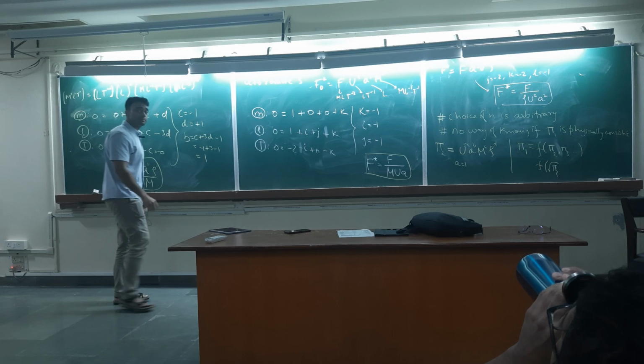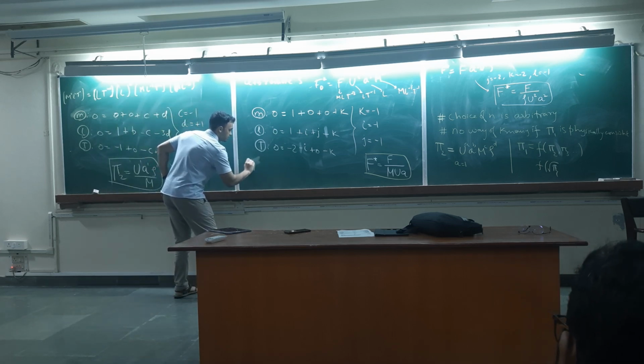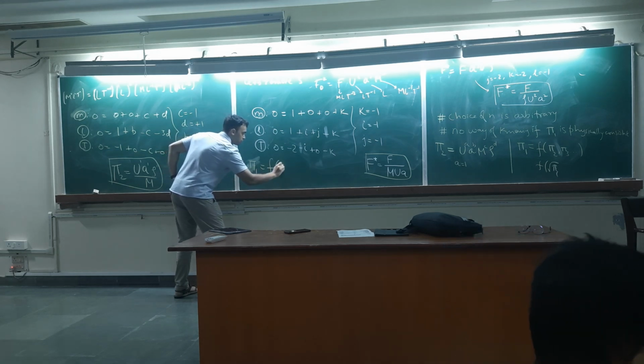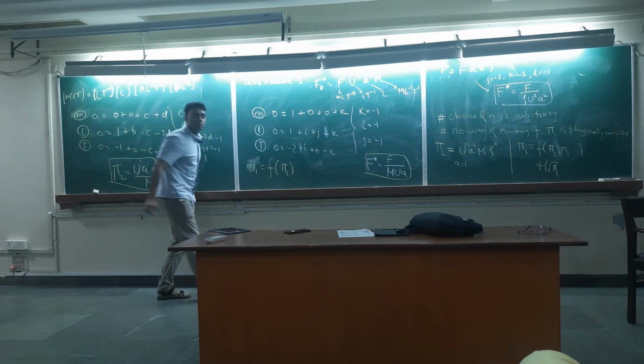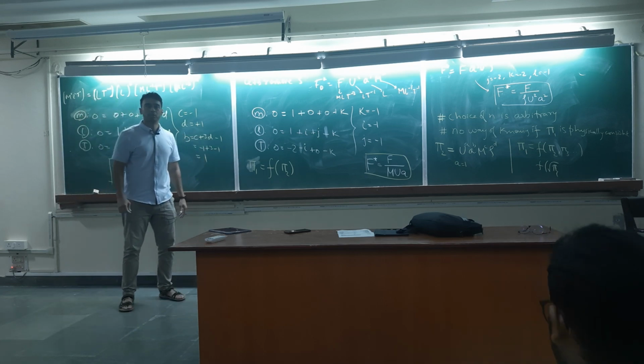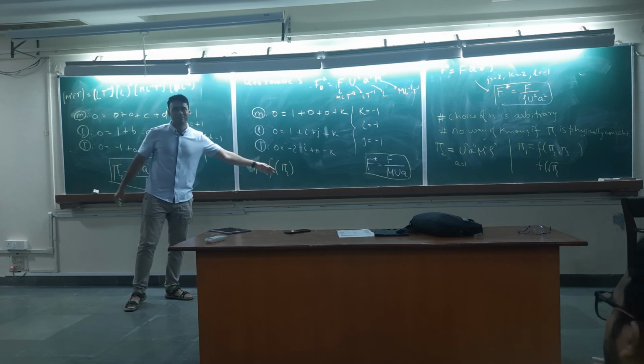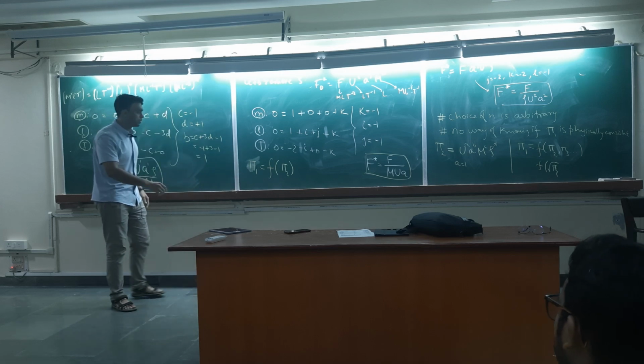The Buckingham pi theorem says that your pi 1 will be some function of pi 2. There are only two non-dimensional numbers. One was the non-dimensional version of the dimensional quantity, drag force. Second was this Reynolds number, pi 2.